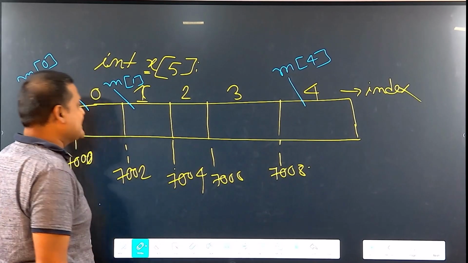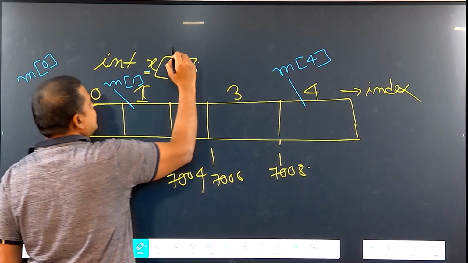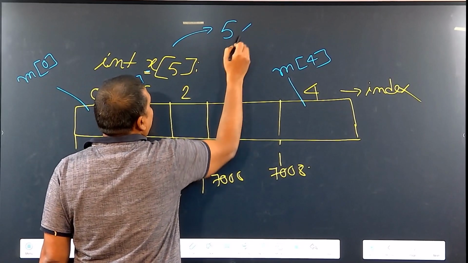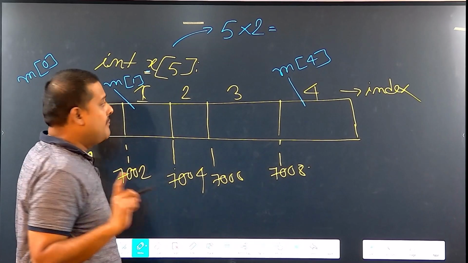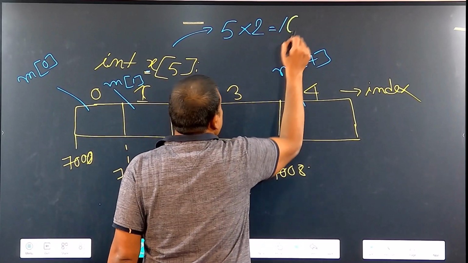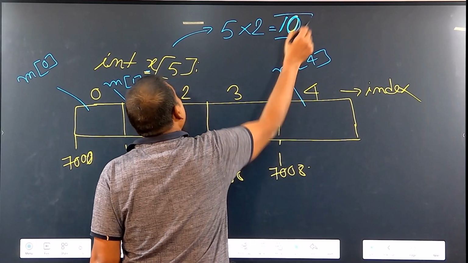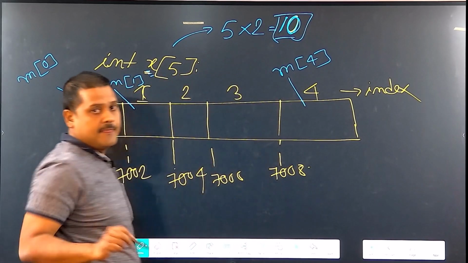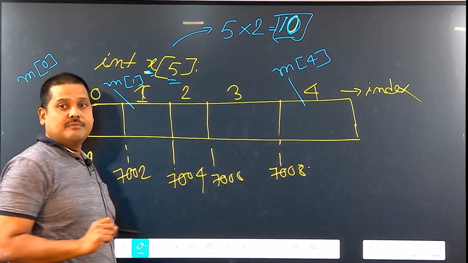And now what is the total size which will be allocated by this one? Each will be of 2 bytes, if we are considering integer as 2 bytes of memory. So 10 bytes of memory will be allocated for this whole X. This is the data type, and this is the array name, and this is the size of the array.